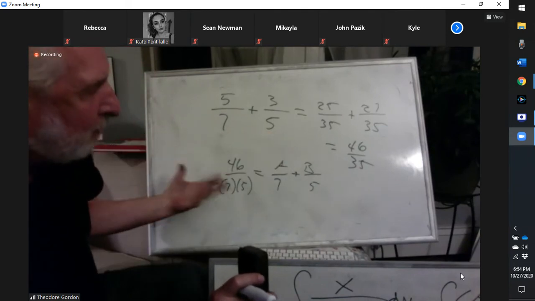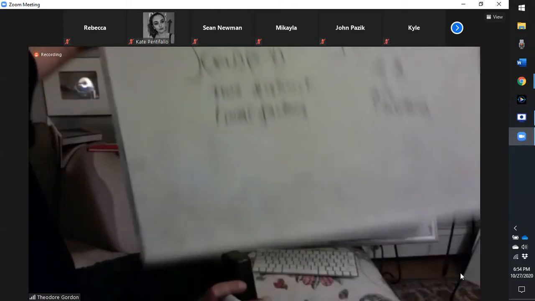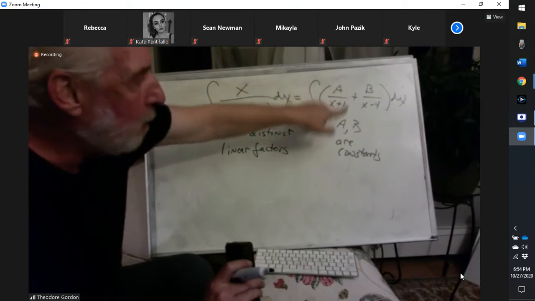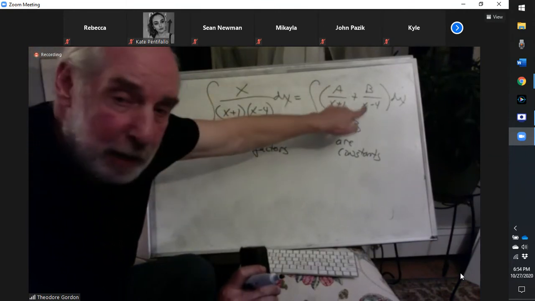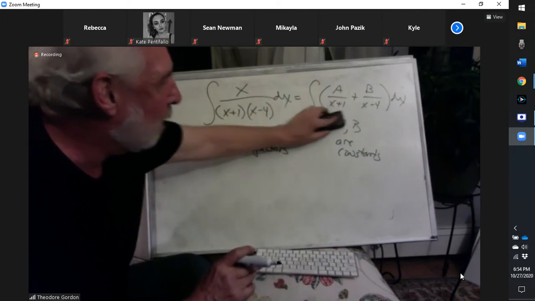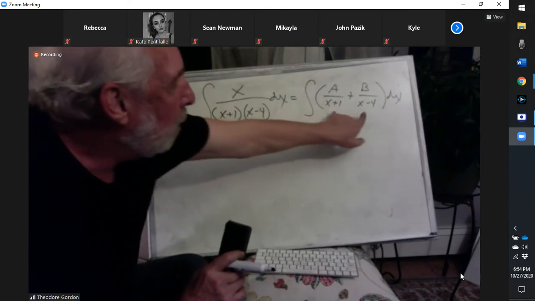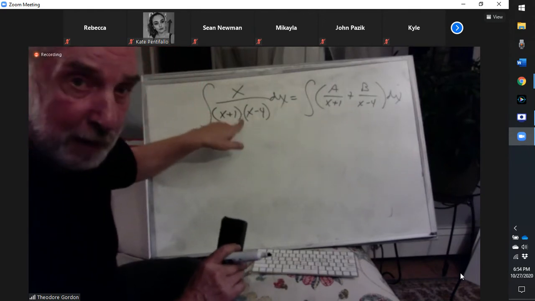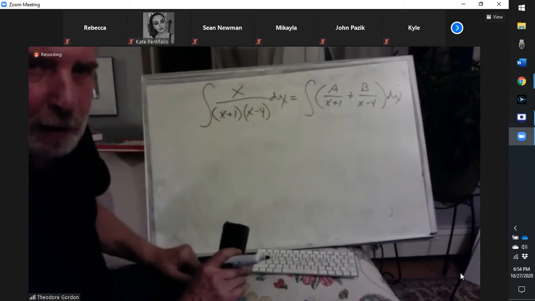So that's the basic idea behind what's happening, because that's what we have here. Now, a and b are just numbers. And once we pick a value for x, those denominators are just numbers. So if we wanted to add these two fractions together, the LCD, the least common denominator of these two fractions, is this. So we have two parts here and we're breaking it down.